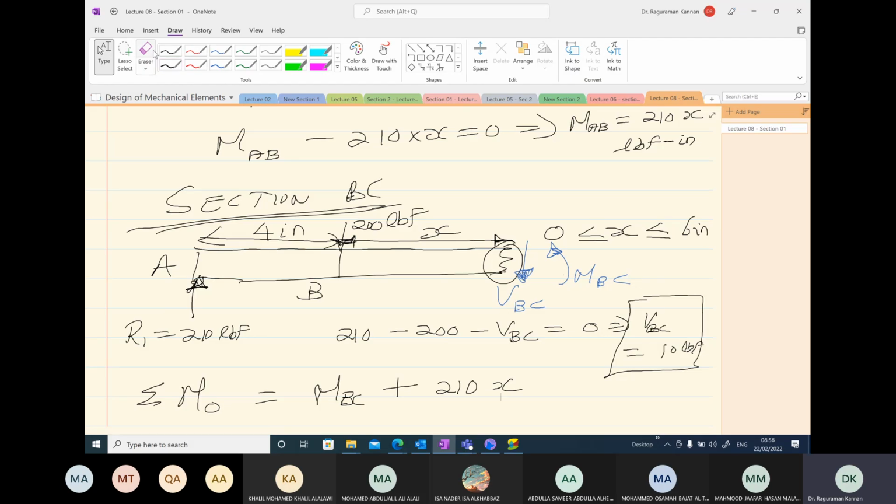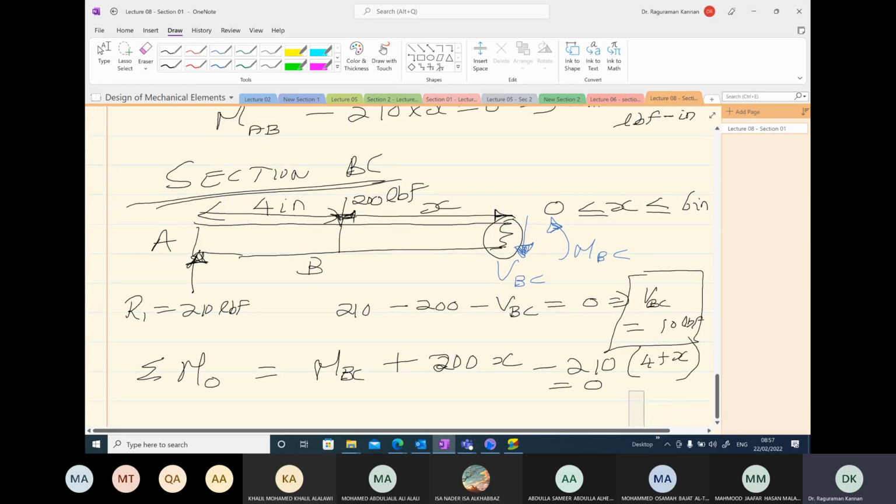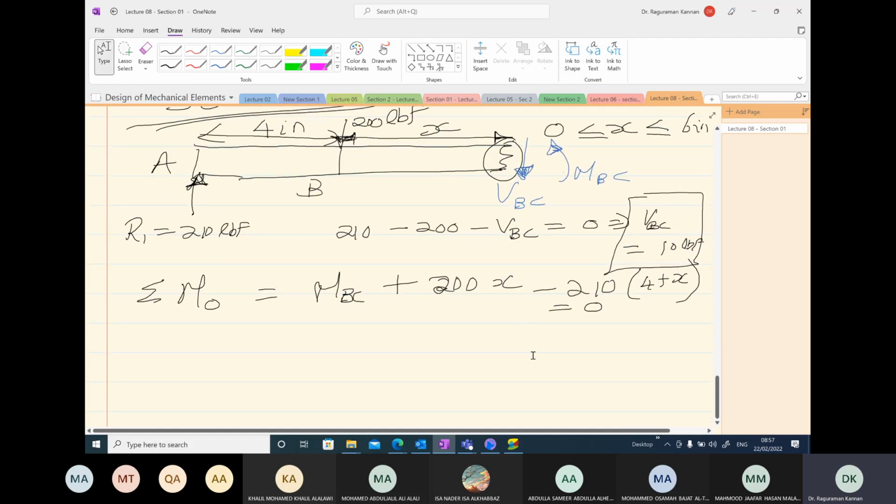This is not 210, 200. Then we have the force 210, which is leading to clockwise rotation. So I'm going to write 210 times 4 plus x from the other end should be equal to 0. So we get an expression for MBC, bending moment.